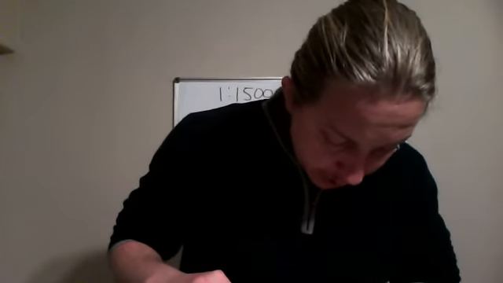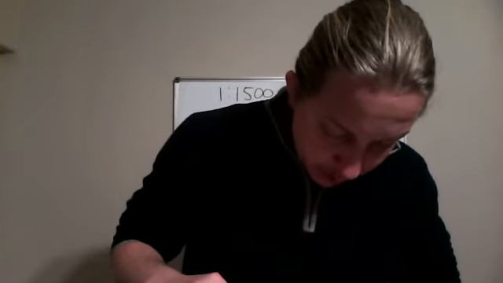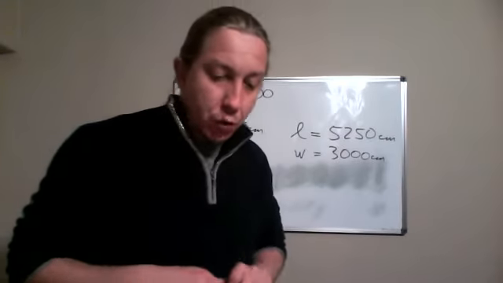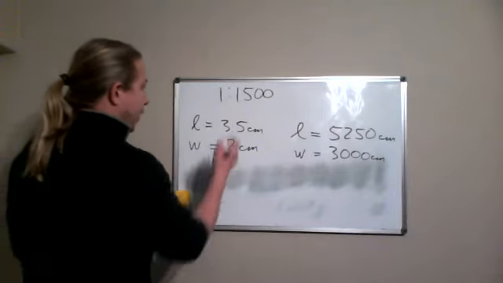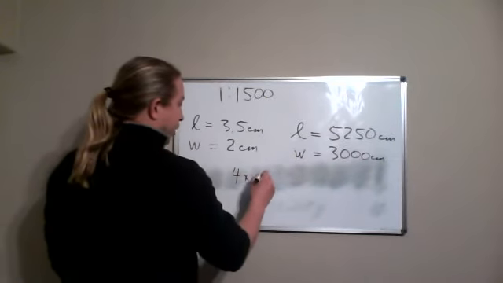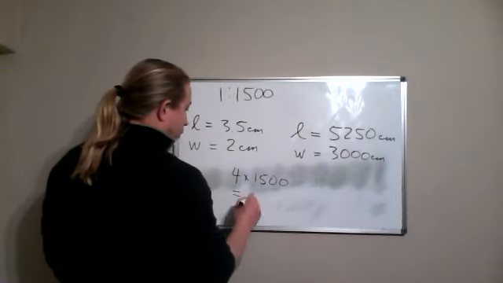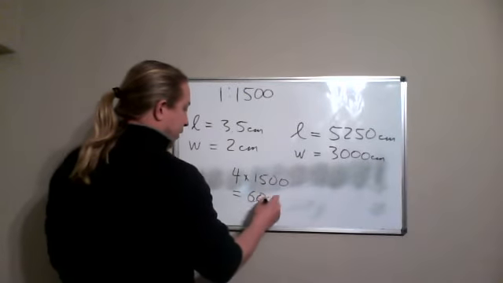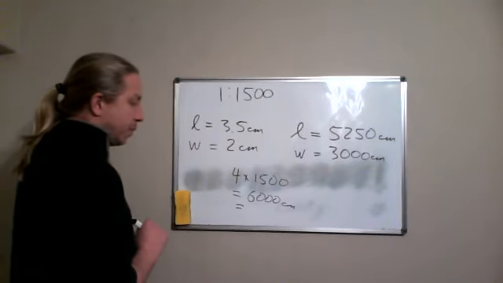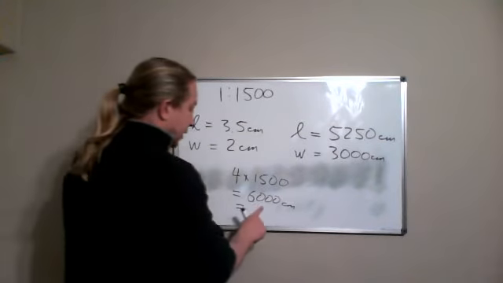The kitchen dining room area I get to be 4 centimeters. If we apply the scale, 4 times 1500 will equal 6000 centimeters. If we convert this to meters, it is 60 meters.